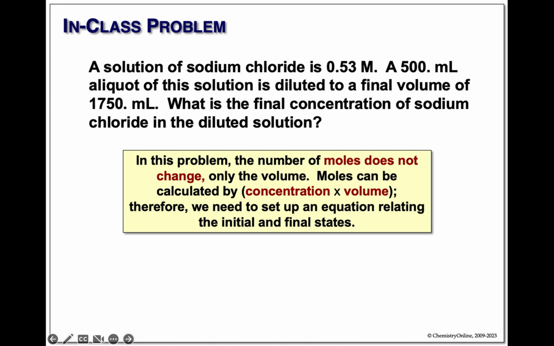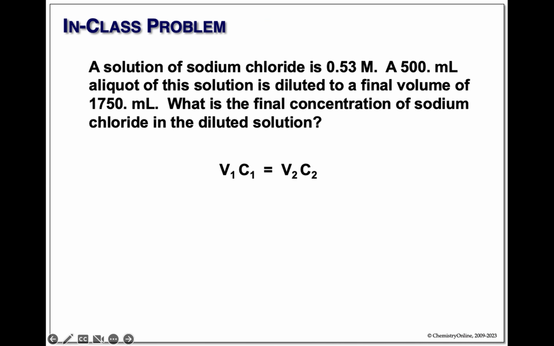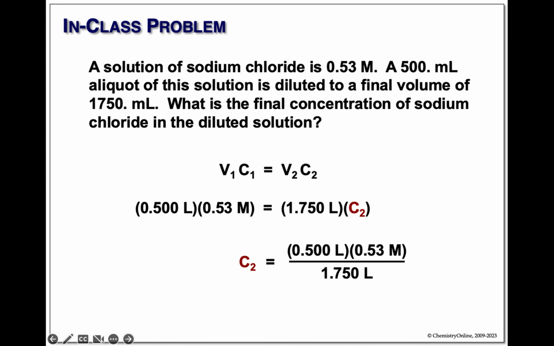We are looking for the final concentration. Final concentration is C2. Substitute everything. Here's C2. Solve for C2. 0.5 times 0.53 divided by 1.75. Liters cancel. We're left with moles. 0.15 moles per liter.